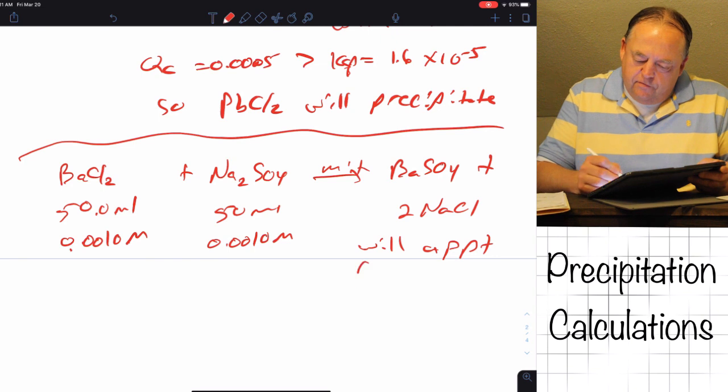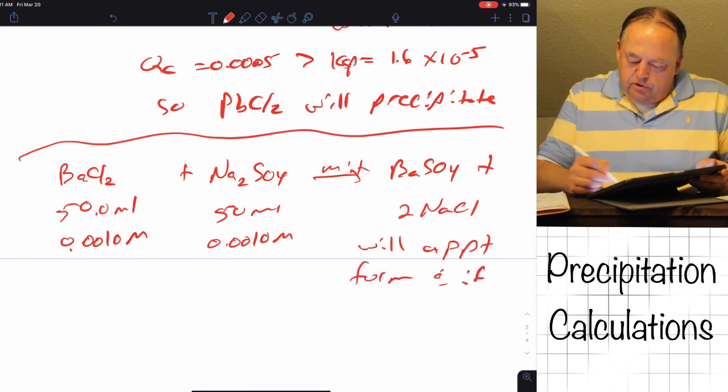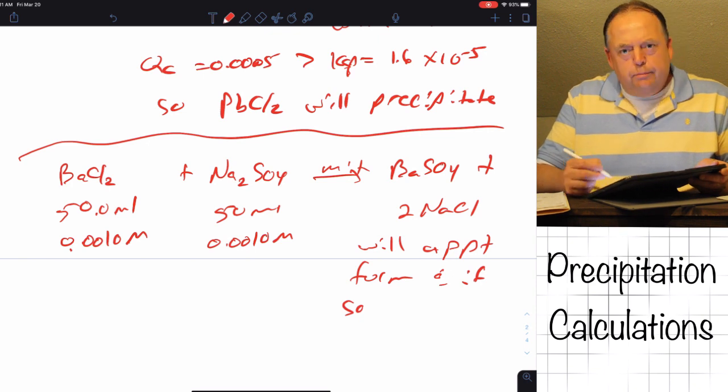So will a precipitate form? And if so, what would the precipitate be?